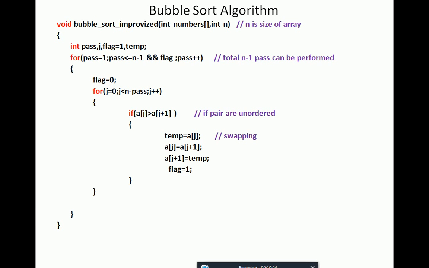What does it mean if no swapping was done? It means all pairs in the data are ordered. So the data is already sorted, and there is no need to perform any other pass.